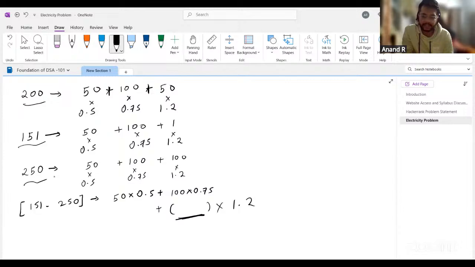If something is greater than 150, let's take 170. For the first 50 unit, we have already calculated the bill. For the next 100 unit, we already calculated the bill. Can I say that the remaining unit which are left is 20? Do you agree with that?